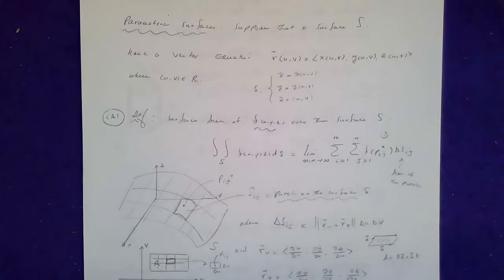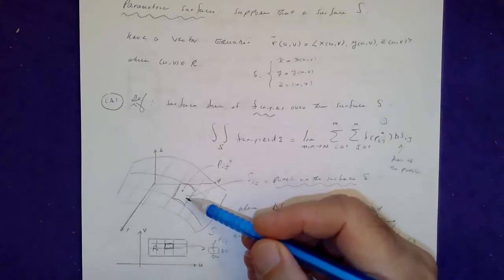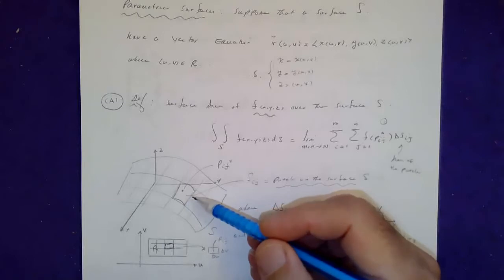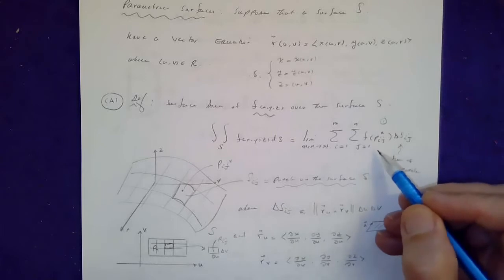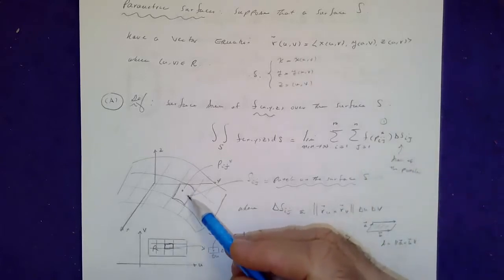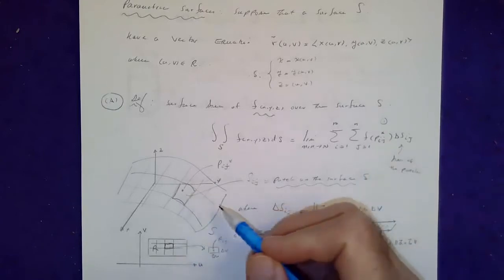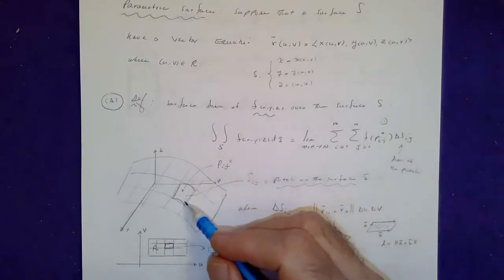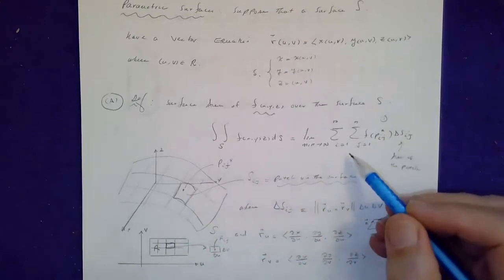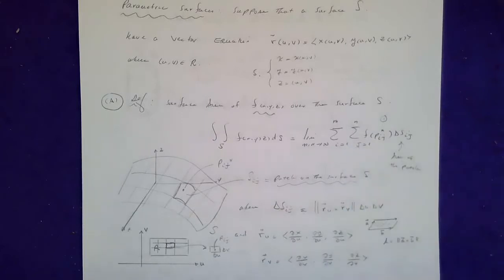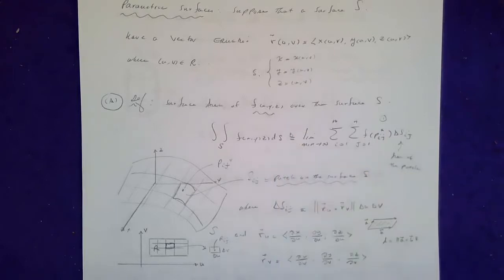In other words, I peel off a little skin of the solid, find its area, and multiply that little area of the patch by the value of the function at a specific point on that patch. I repeat this infinitely many times, and that gives me the value of the surface integral.